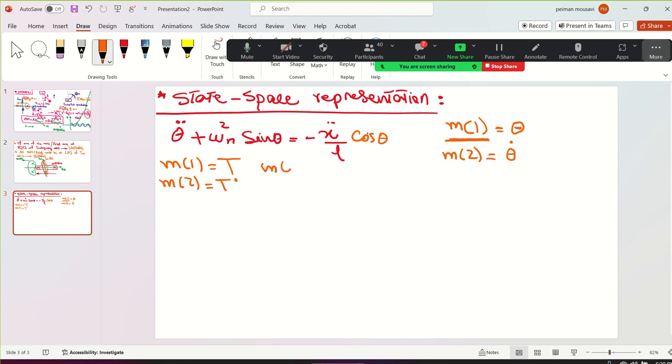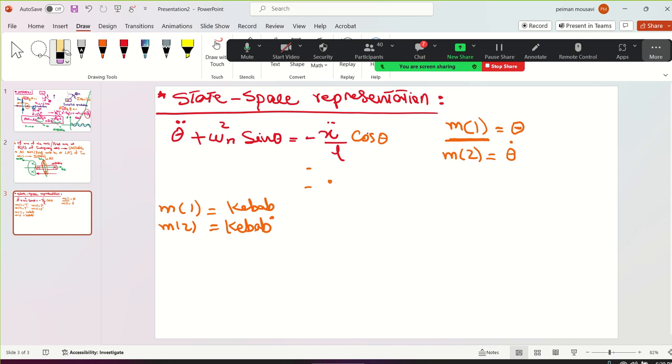If you are talking about the pressure of a tank, M1 is P and M2 is P dot. If you are controlling a kebab, Persian kebab, and M2 is what? You tell me. Kebab dot, the time derivative. Understand?